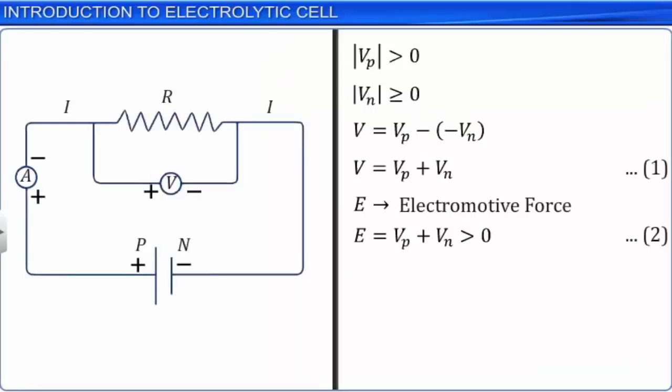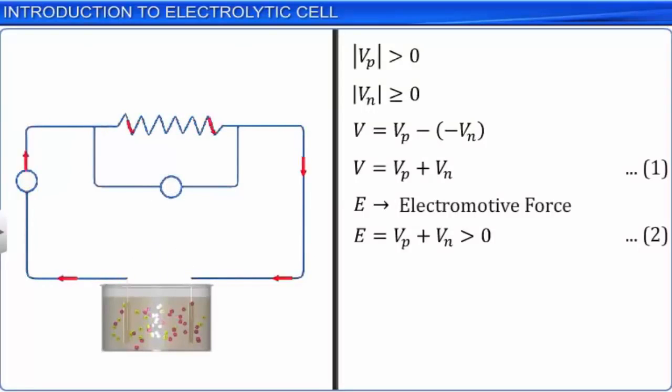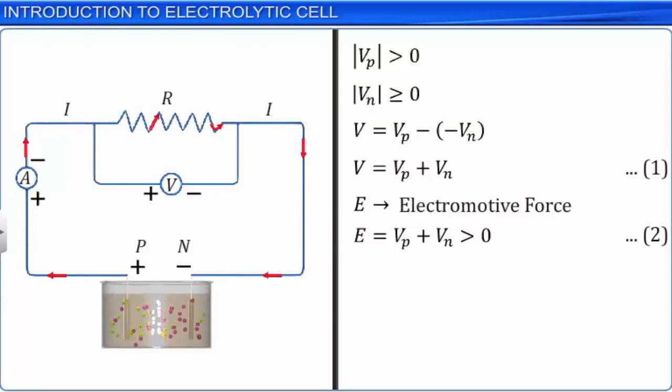Let us now connect the two electrodes of the cell to the two ends of a resistor to understand how a cell actually functions when it is connected in a circuit. A resistor with a resistance equal to R is connected across the cell. A current I is established from C to D.